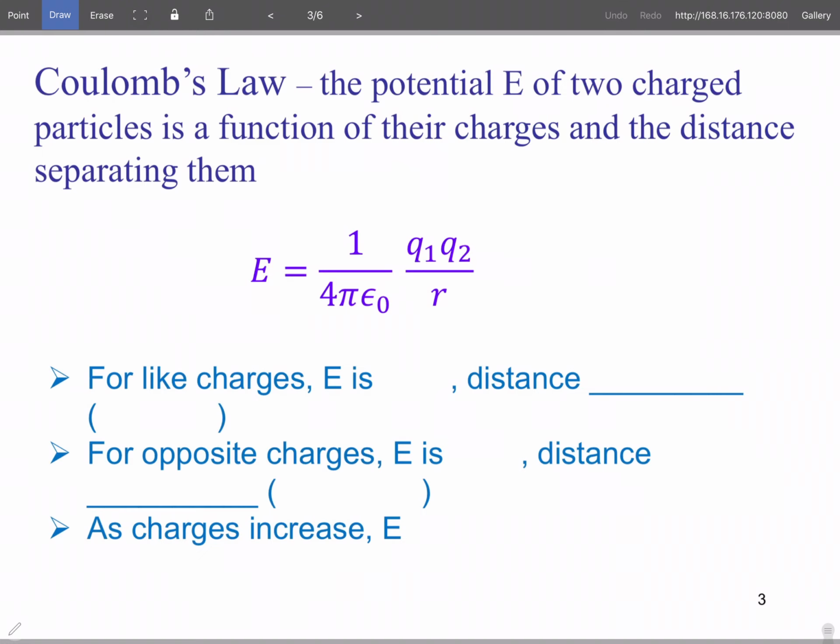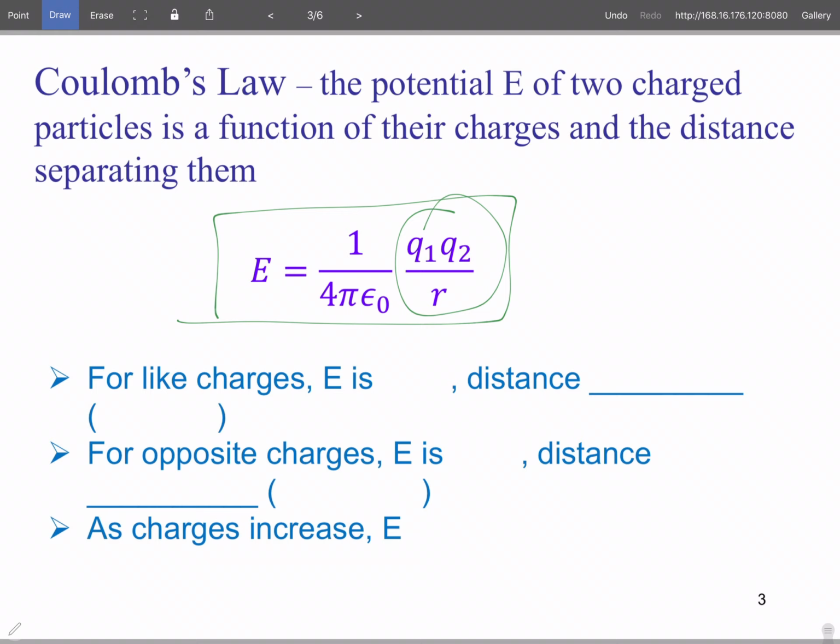Now, we said that electrons are moving charges, right? So that's Coulomb's Law, which basically says the potential energy of two charged particles is a function of their charges and the distance separating them. So here is Coulomb's equation, and you look at it and go, oh, look, it's pretty. Okay, this is the part I want you to focus on. And this is basically the take-home message. We're not going to work these problems at all.